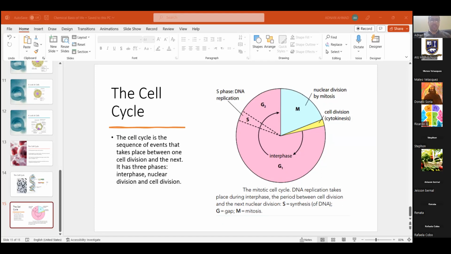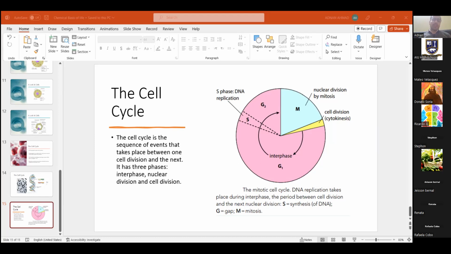If the replicated DNA is broken, it gets checked and it gets fixed. So G1 grows, in S the DNA is duplicated, and in G2 the DNA is rechecked.